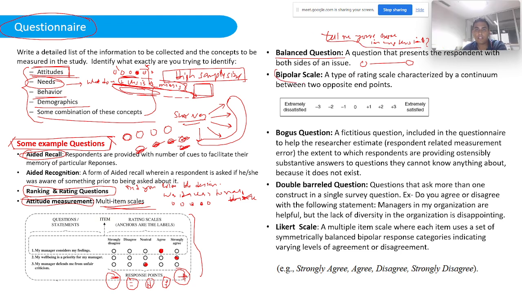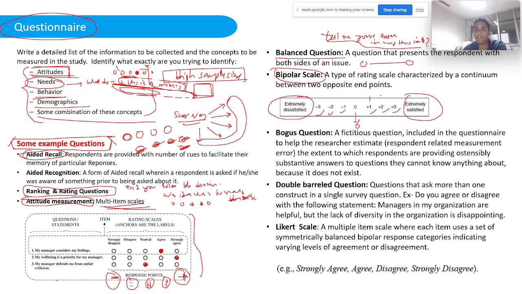Then there are bipolar scales, which have two extreme endpoints, positive and negative, and then you have various levels. So this can be neutral, then you have one level up, two levels up, three levels up, then negative, much more negative and very negative. In a bipolar scale you can determine the number of scale points.